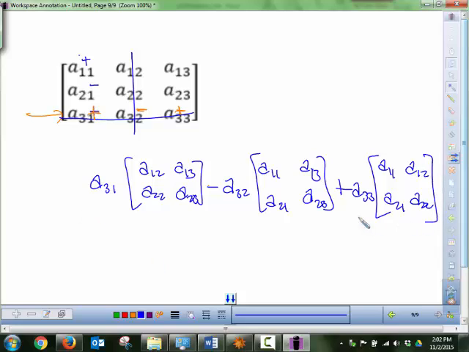So what I get here is exactly the same as what I would have gotten if I had expanded on the first row. Or I could do the same by expanding on a column. I would get the same thing.